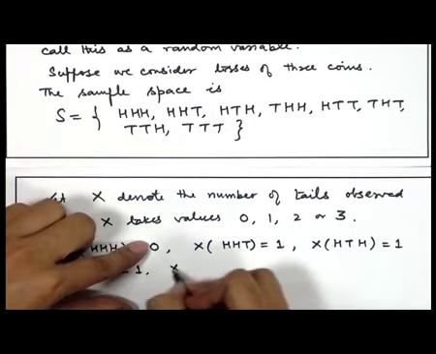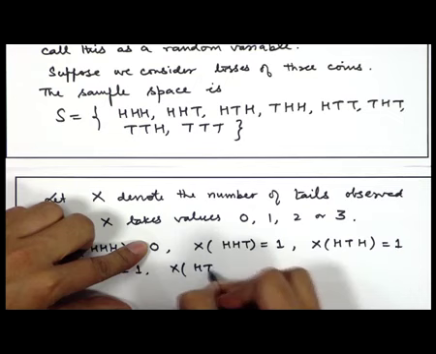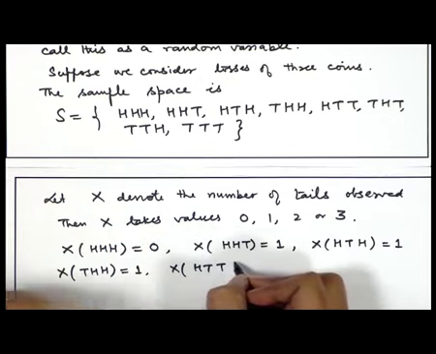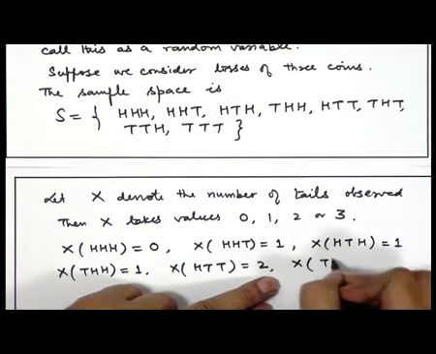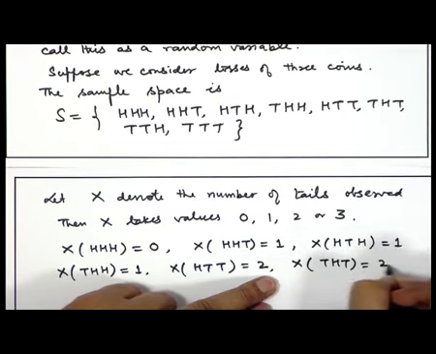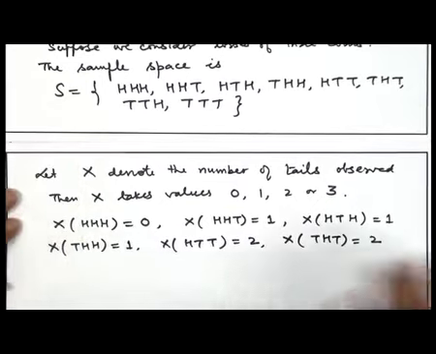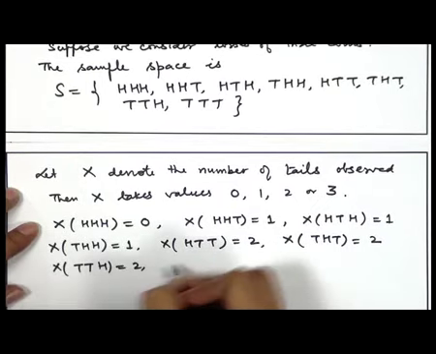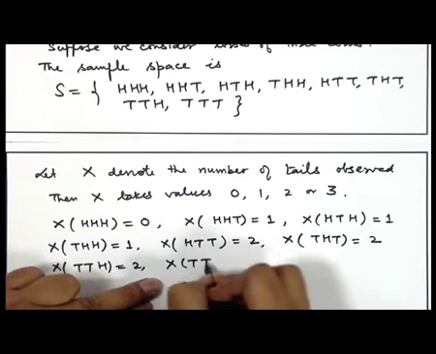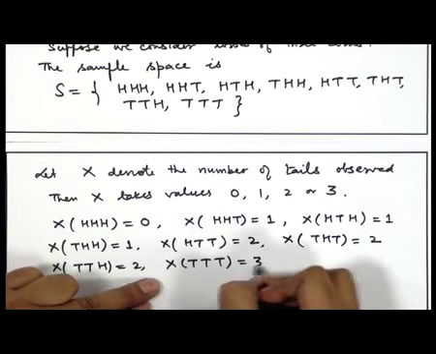Then x of HTT, there are 2 tails. What is x of THT? That is 2. x of TTH is equal to 2 and x of TTT is equal to 3.